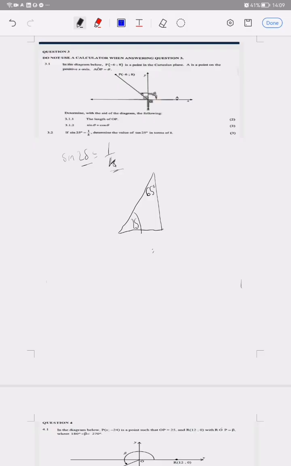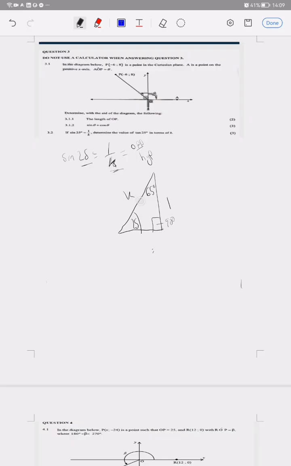Then remember, we are always drawing a triangle with a 90 degree angle. I'm here at 25. Remember, sine is always opposite over hypotenuse, which means my opposite will be 1 and my hypotenuse will be k.